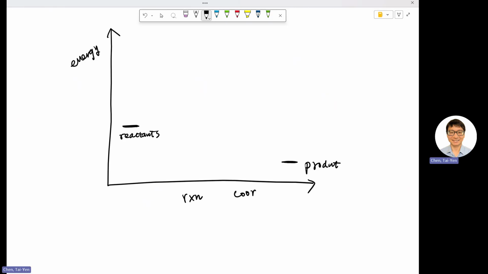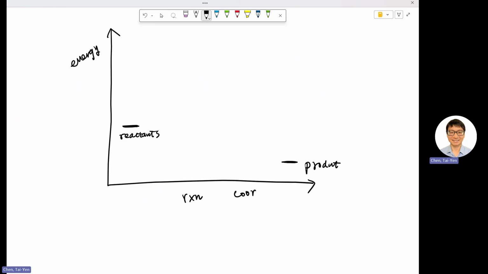Okay, so in the current one I drew, which has higher energy? Reactant. So you go from a high energy reactant to a low energy product. I assume everybody understands energy conservation, right? So will this reaction be endothermic or exothermic?